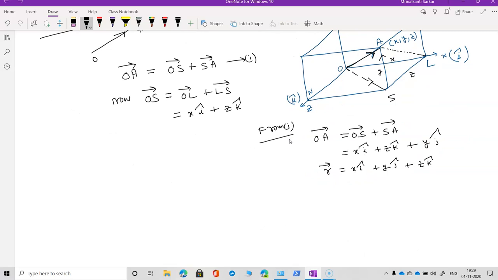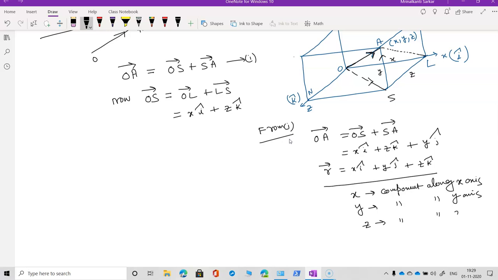So, any vector in 3D can have 3 components. This X will be referred to as the component along the x-axis, Y will be referred to as the component along the y-axis, and Z will be the component along the z-axis.